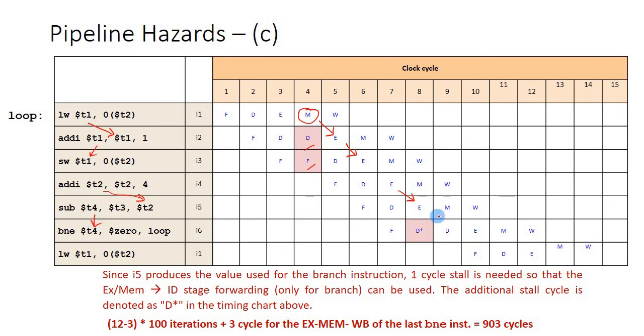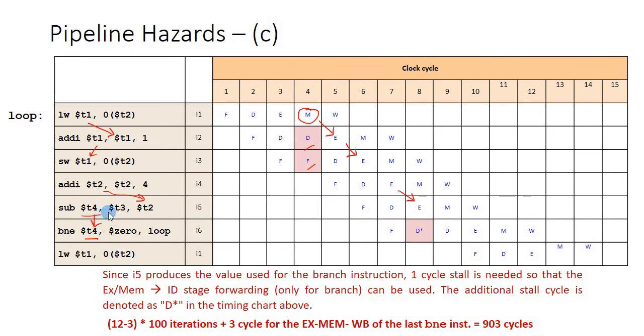So this is where the early resolution plays a part. With early resolution, we know that we can make the decision in the decode stage. But what is happening here is you can see that the branch instruction is checking for T4, and T4 is only updated by I5.